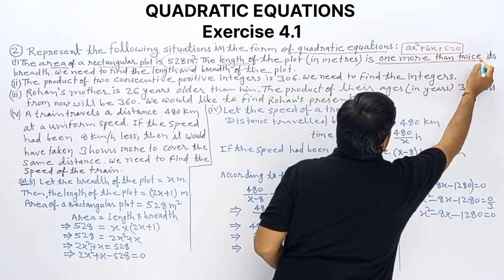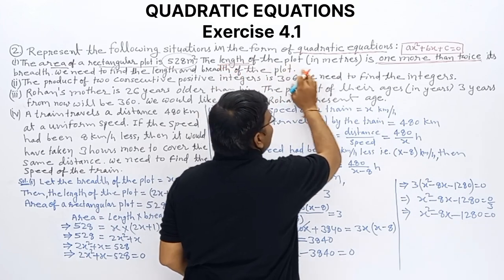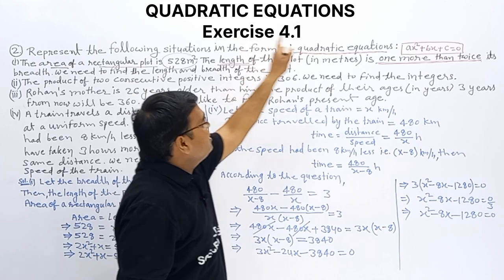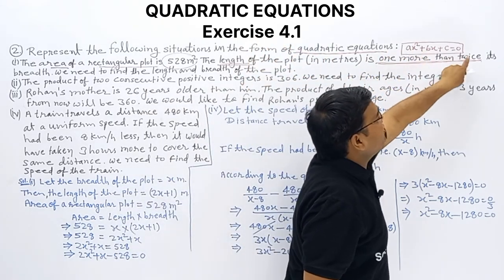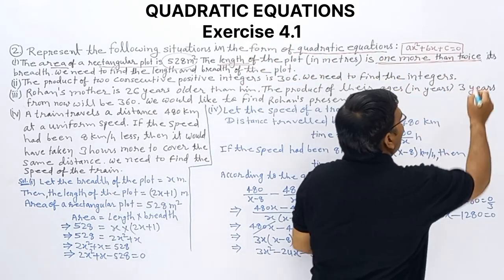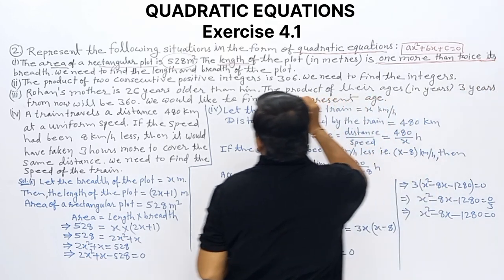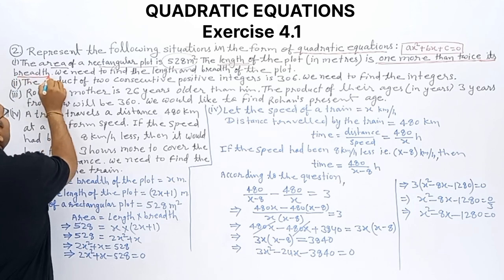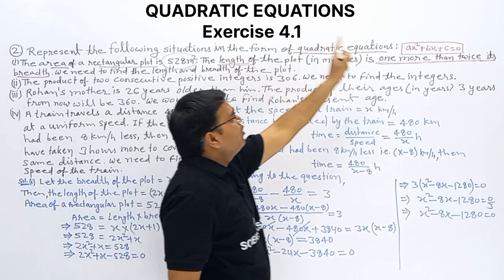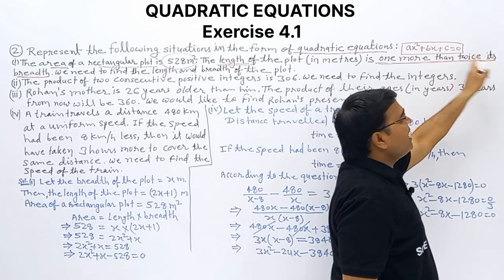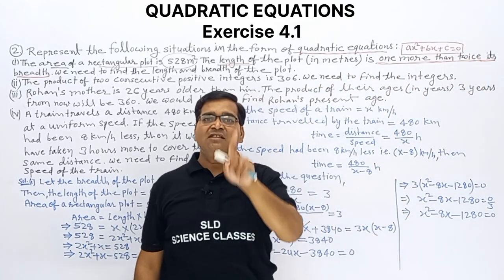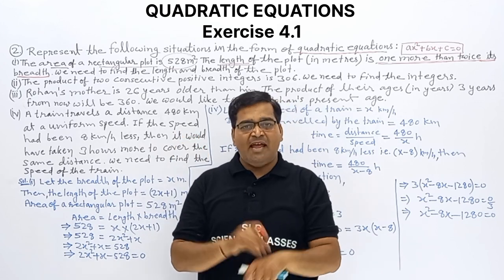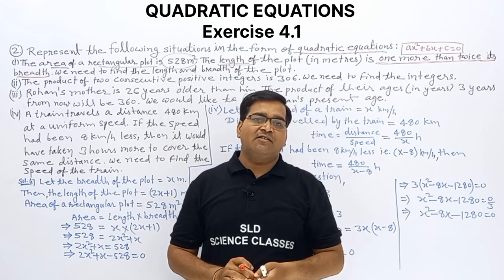This is an important situation: the length is 1 more than twice its breadth. Why am I focused on this sentence?